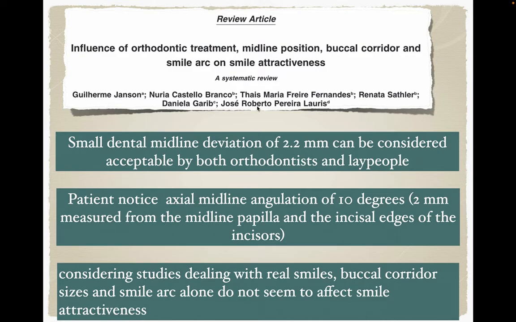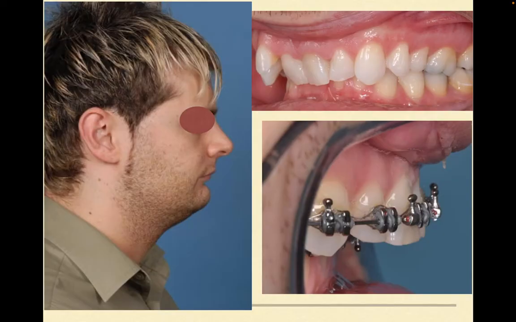In this systematic review, it said that smile arc and buccal corridor are not really considered by the patient. Keep in mind that these studies are done in different populations. Here, the case might be different, and patients might focus on the buccal corridor or the smile arc.